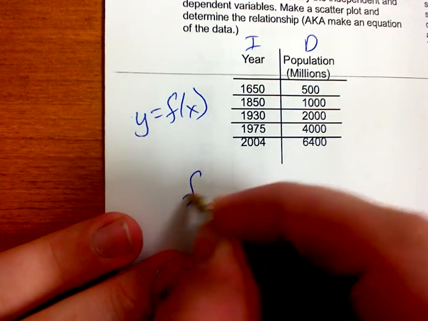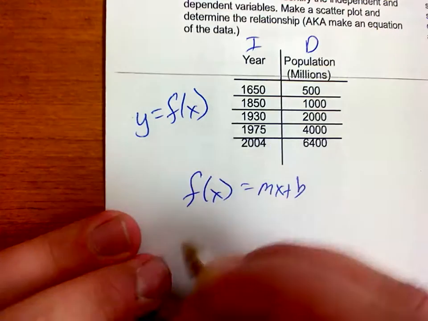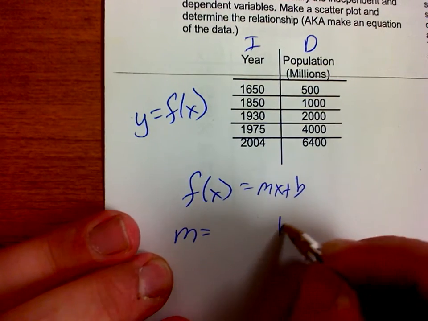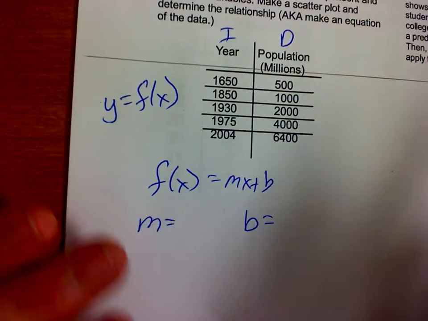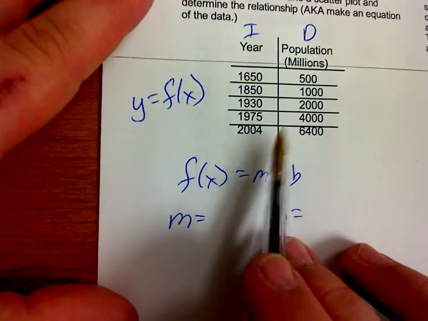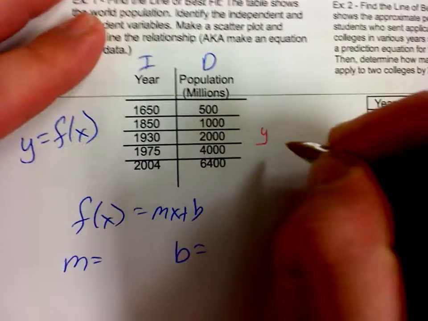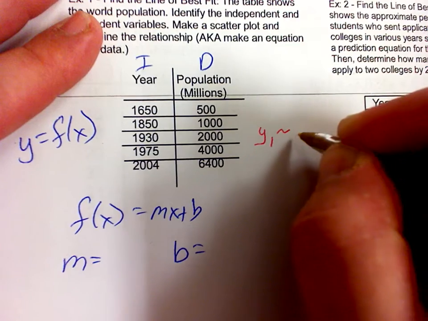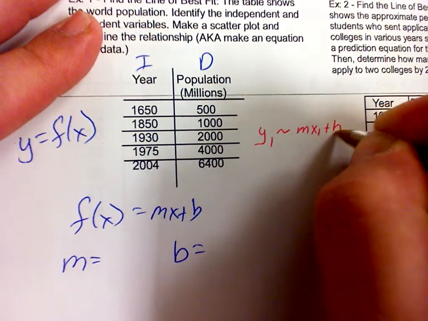So we are going to be looking for the equation f of x is equal to mx plus b, in which case we need to find the m and the b values in these given examples. In order to calculate that, we've got to get on Desmos and put this table in. And don't forget the main equation we need to hopefully keep committing to memory: y1 squiggly mx1 plus b.